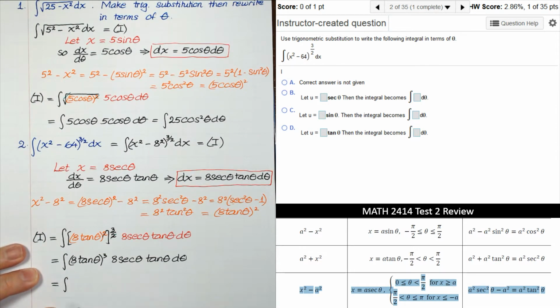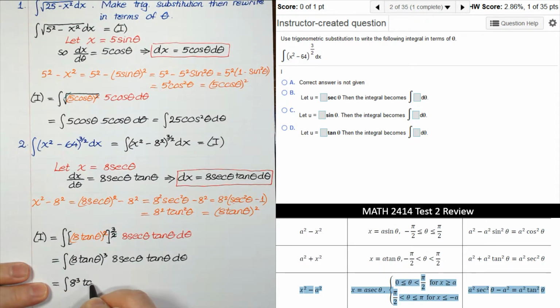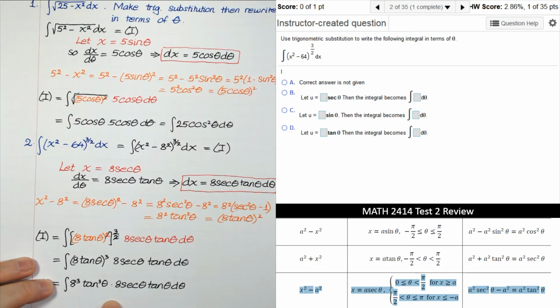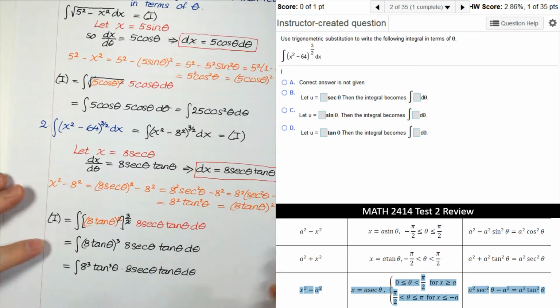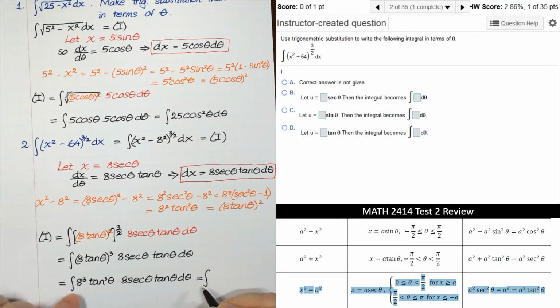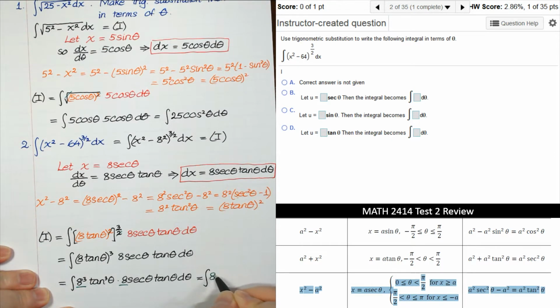8 cubed, it doesn't matter, we just say 8 cubed, which is 512, and the cube goes to tangent, and then times 8 secant theta tangent theta d theta. If you enter this in MATLAB, it will certainly take it as long as it is equivalent, but we should simplify though. 8 cubed and 8, that is 8 to the 4th.